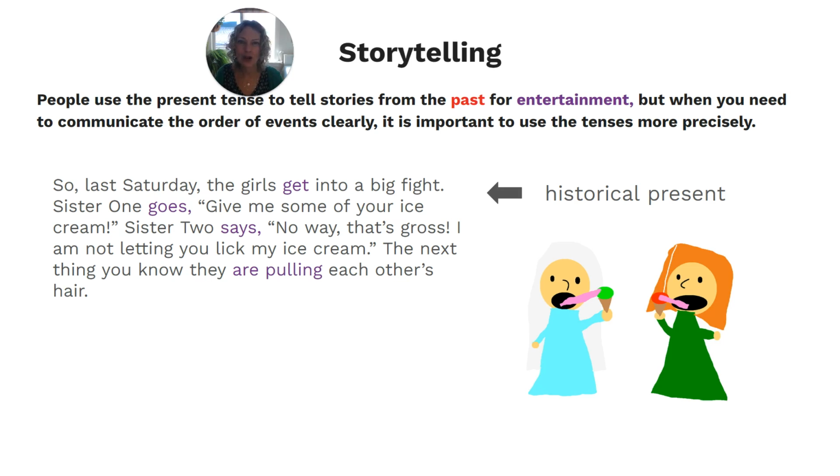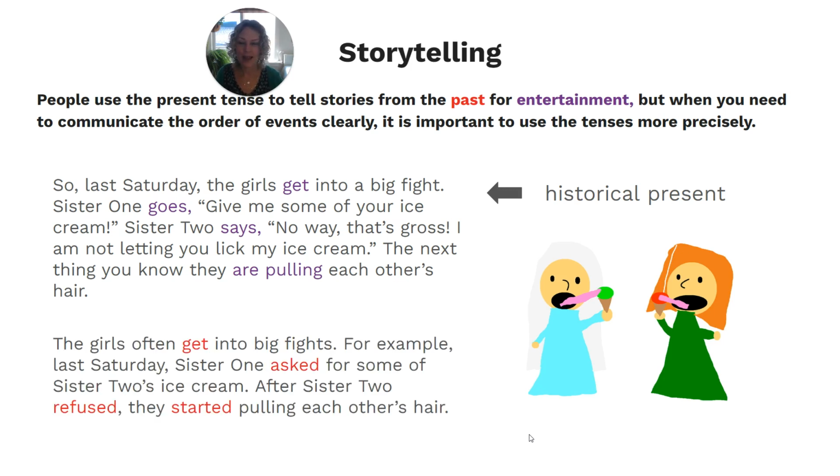If you're talking to your boss and you need to explain what happened at work, you need to use the tenses more precisely, which usually means using the past tense to tell past stories. Here's an example. The girls often get into big fights. For example, last Saturday, Sister 1 asked for some of Sister 2's ice cream.